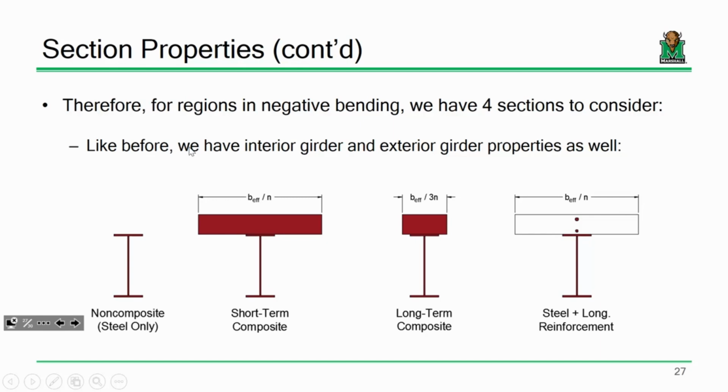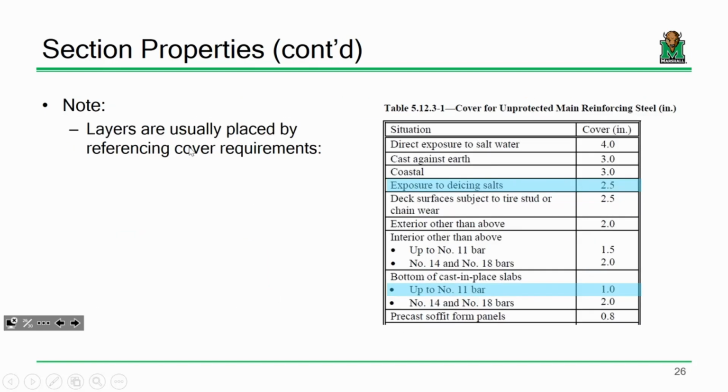Well, I place this rebar according to cover requirements. Y'all remember that? You have to have a certain amount of embedment for corrosion issues and what have you. I go to the spec and I say, all right, let's look at cover requirements for reinforced concrete. Now for the top, if we're talking about an area like West Virginia where we're going to have a lot of de-icing salts on the top of the bridge deck, we've got to have at least 2.5 inches of cover, okay?